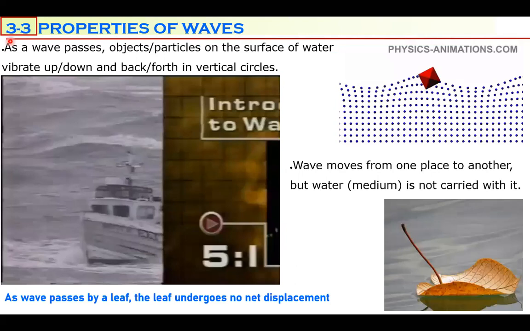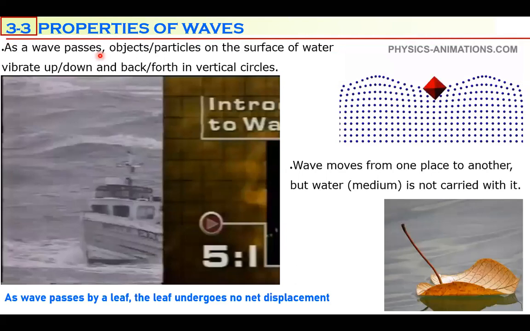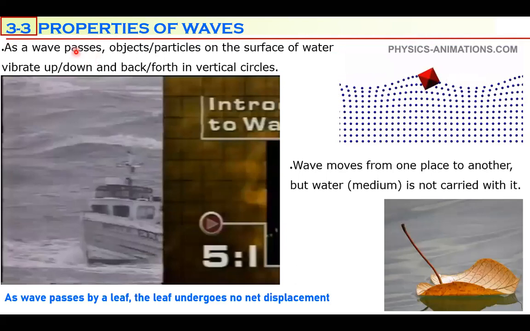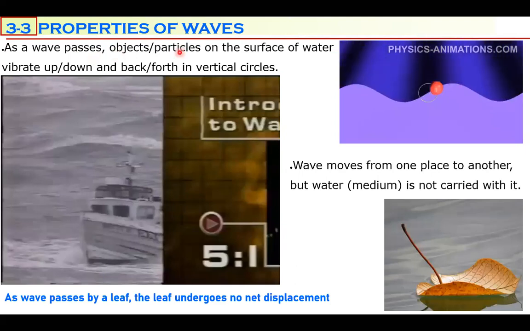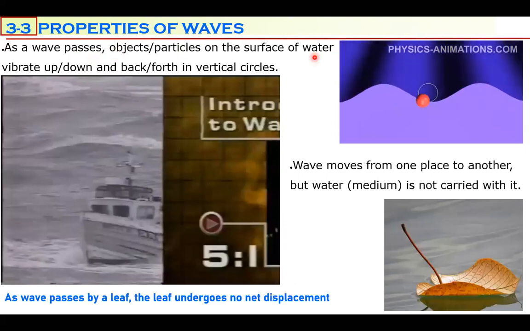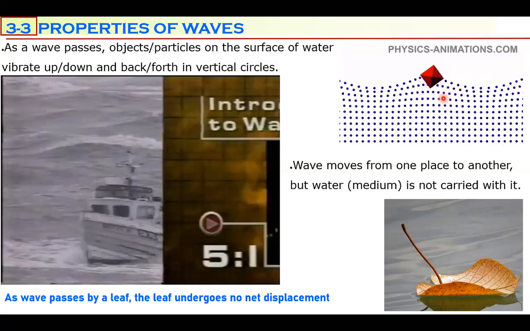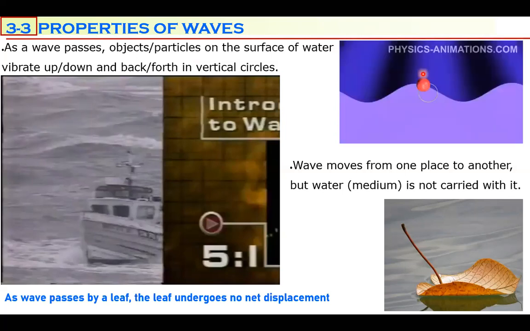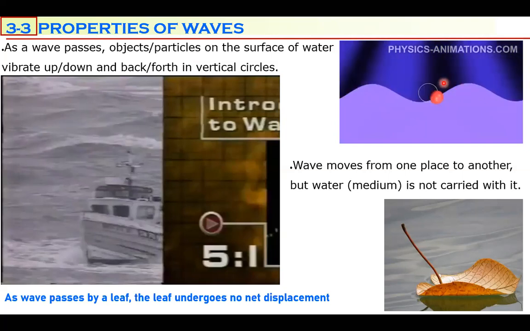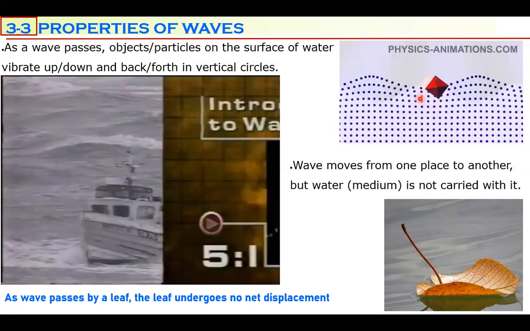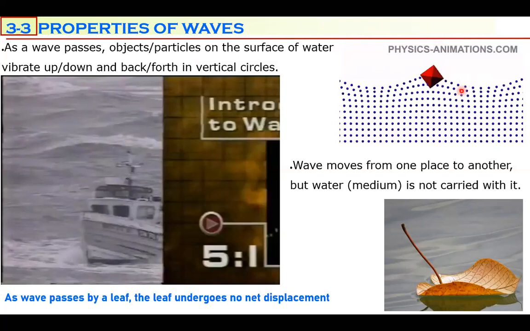As a wave passes, or as a disturbance is traveling, objects or particles on the surface of the water vibrate up and down, back and forth, and then draw vertical circles, but they do not displace. They only stay in their place.